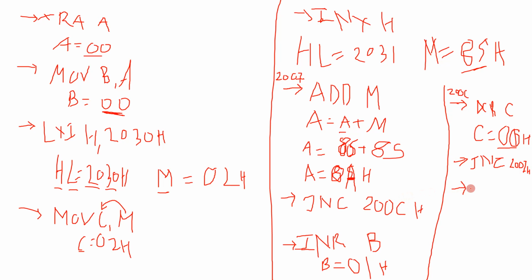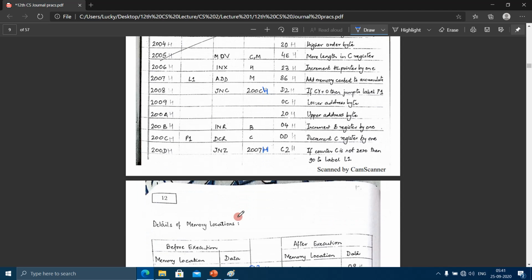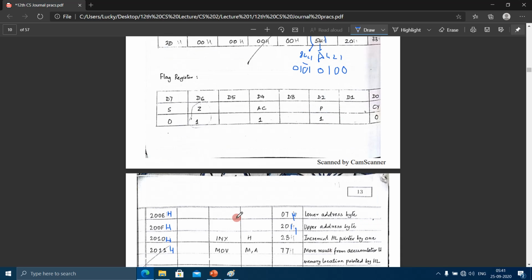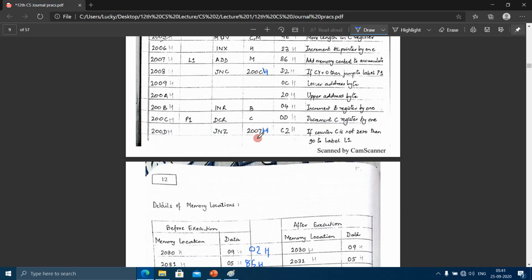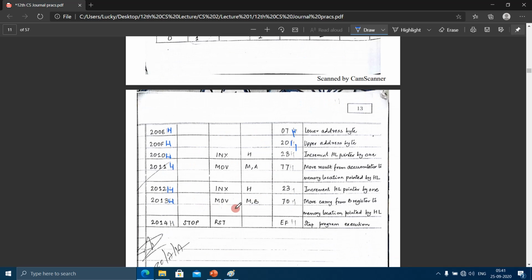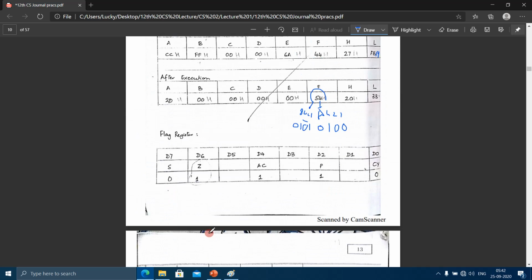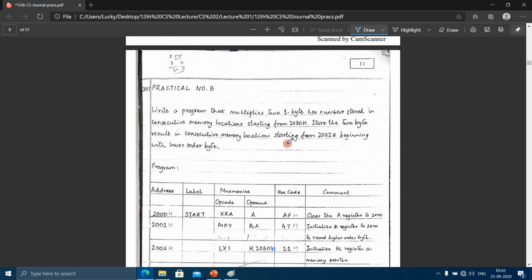What instruction is there after JNZ? After JNZ, there is INXH. So the logic of the program is over here, but these instructions are used to store the result to the location 2032 and 2033, because it is mentioned in the question that store the 2-byte result in consecutive memory locations starting from 2032.